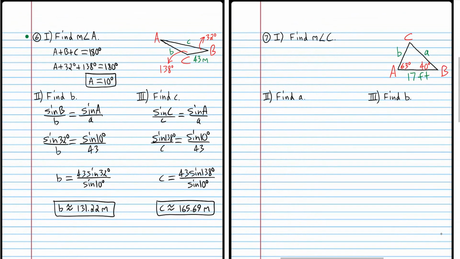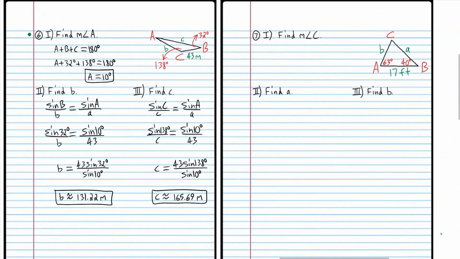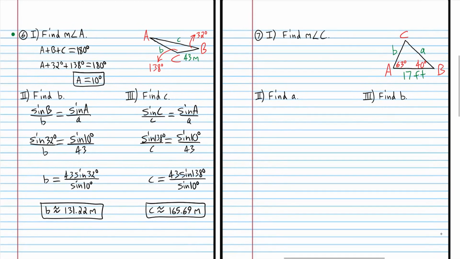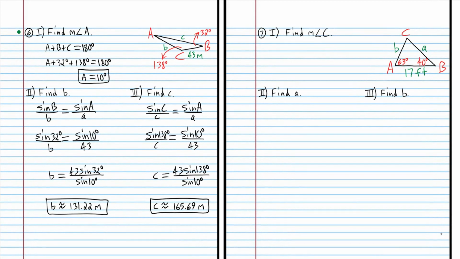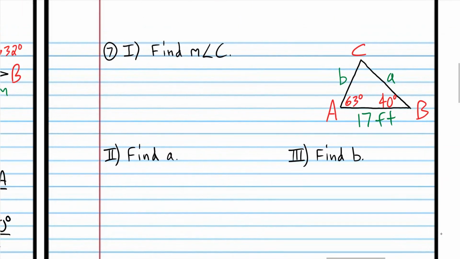So I want you to try one more of these problems, problem number 7, and when you come back, we'll do it together. Okay, we're back. So we're going to use the triangle sum theorem, of course.